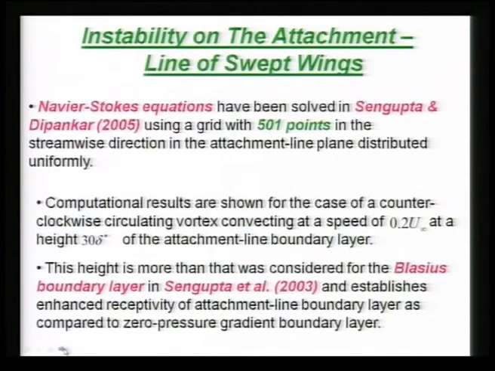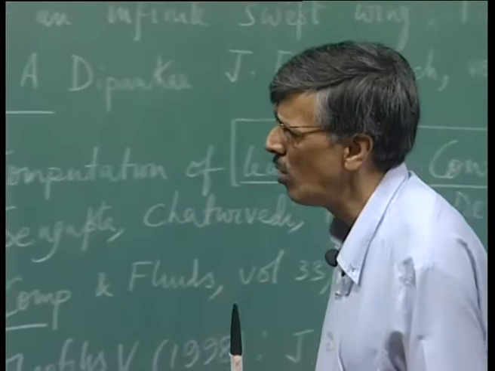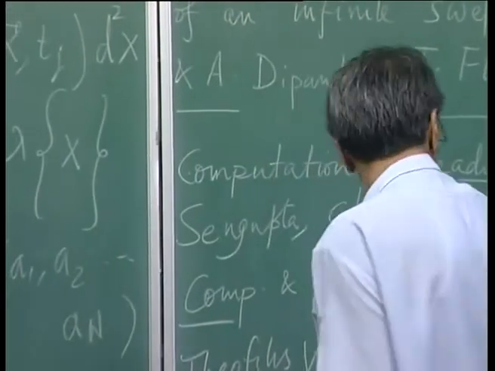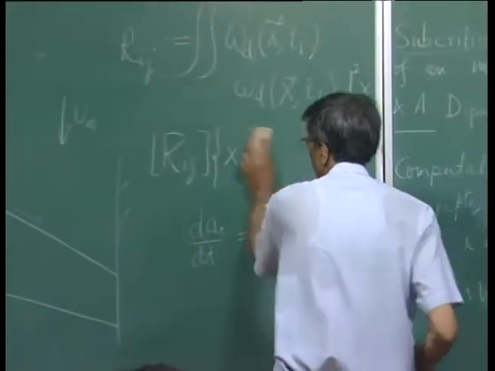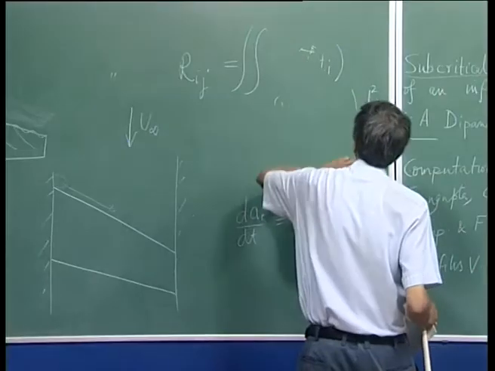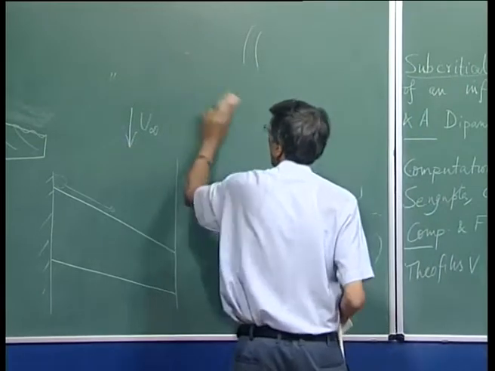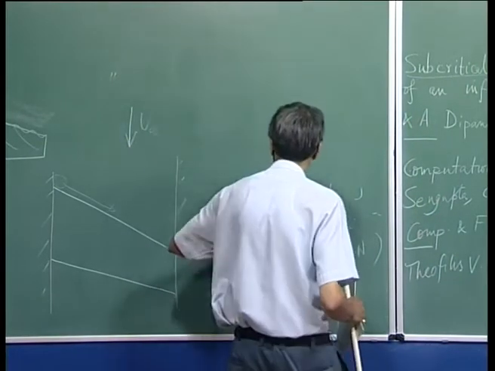Okay. What we do here is basically again we take a two-dimensional plane. So, the computational geometry is going to be exactly the same as we have done for the earlier cases.